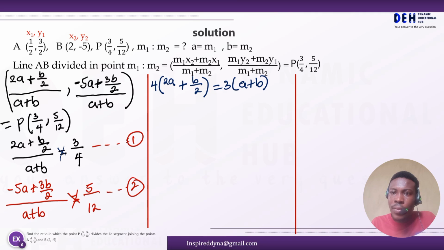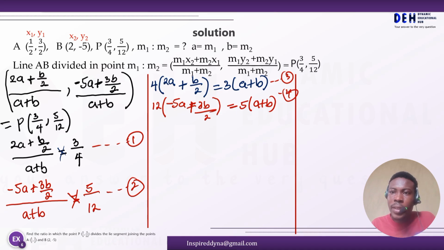So we have 12 multiplied by (−5a + 3b over 2), close it, should give us 5 open brackets (a + b). Let's call this 3, let's call this 4.